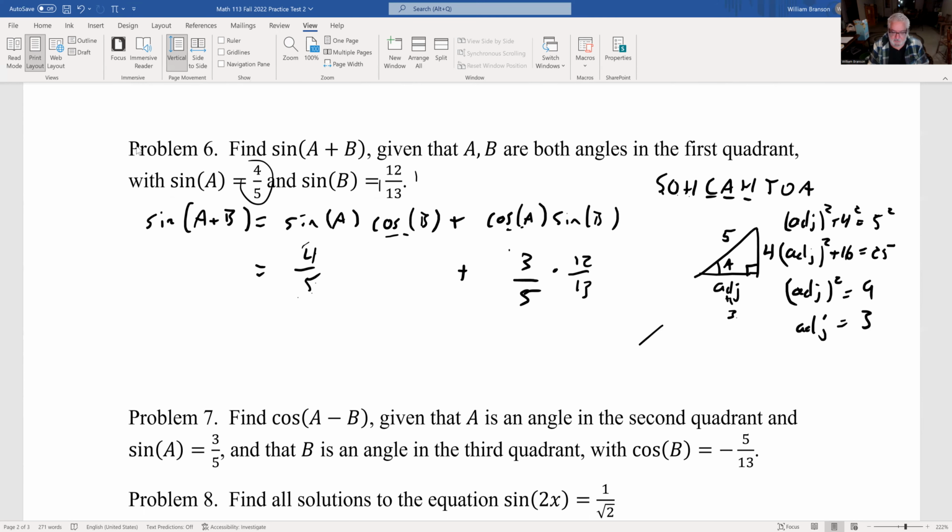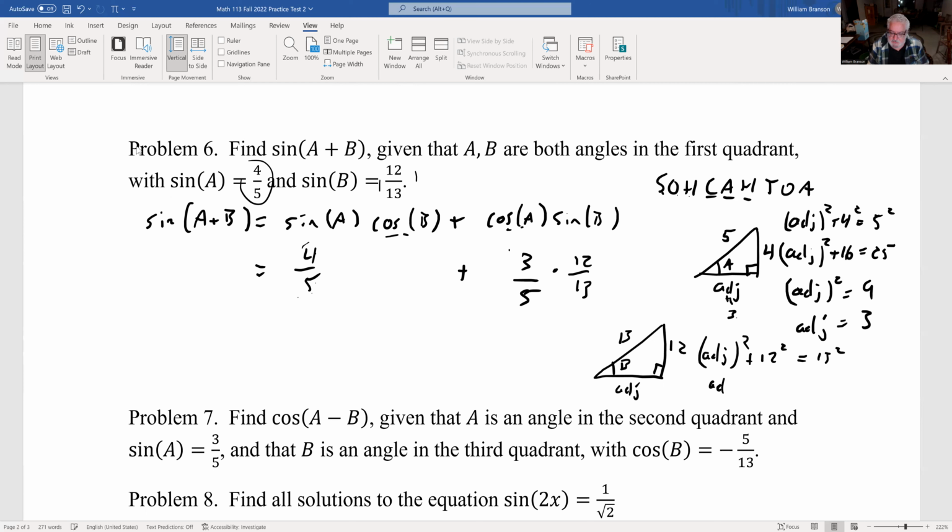We can draw a triangle. We'll put in the angle B. We'll put in the right angle. We know sine of B is 12 over 13. That means this is 13. This is 12. And so this is adjacent. Adjacent squared plus 12 squared equals 13 squared.